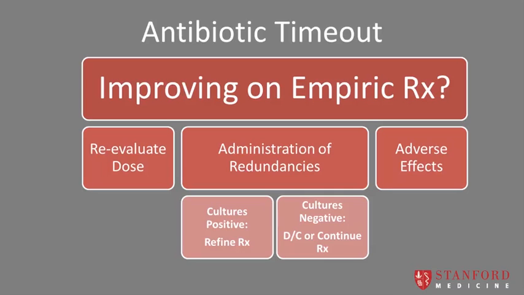Then we consider whether the culture is positive or negative. In the instance in which we have positive culture results, we will refine that therapy. If they're negative, we may either continue the therapy, modify it, or in fact discontinue it depending on clinical status and other information that's available.